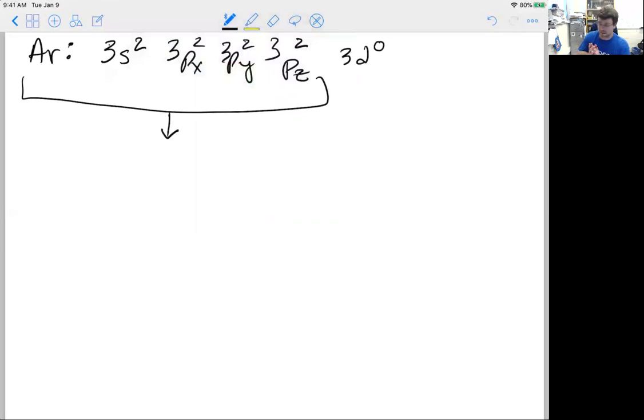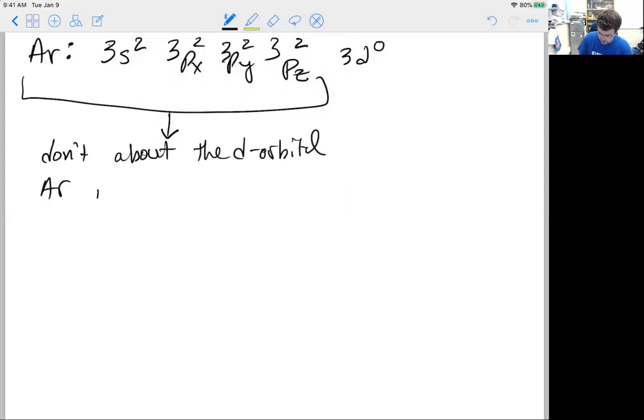As many of you may be aware, we actually will fill the 4s orbital before we jump into the d orbital, but don't worry about the d orbital. Argon is still a noble element.